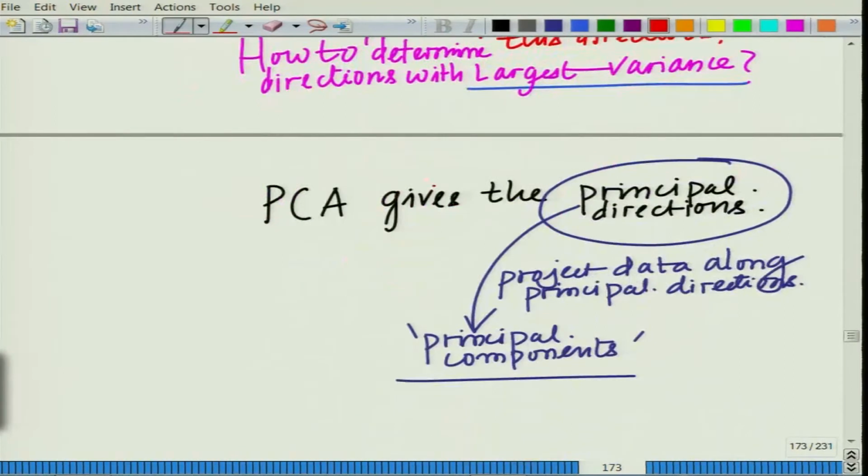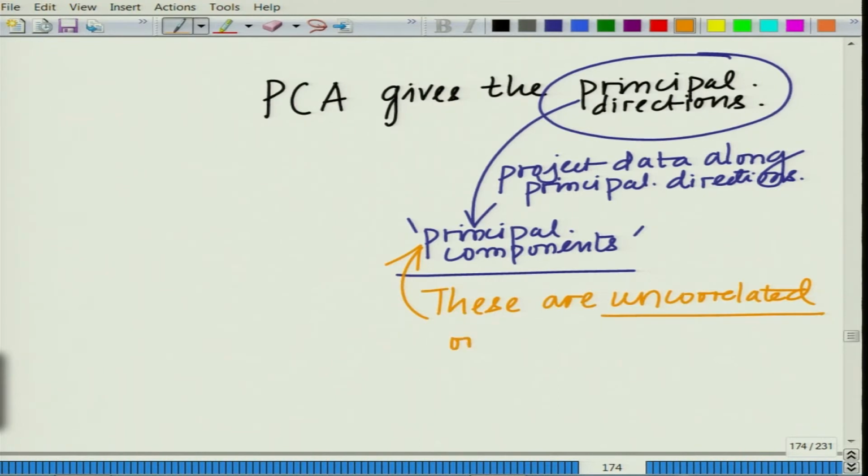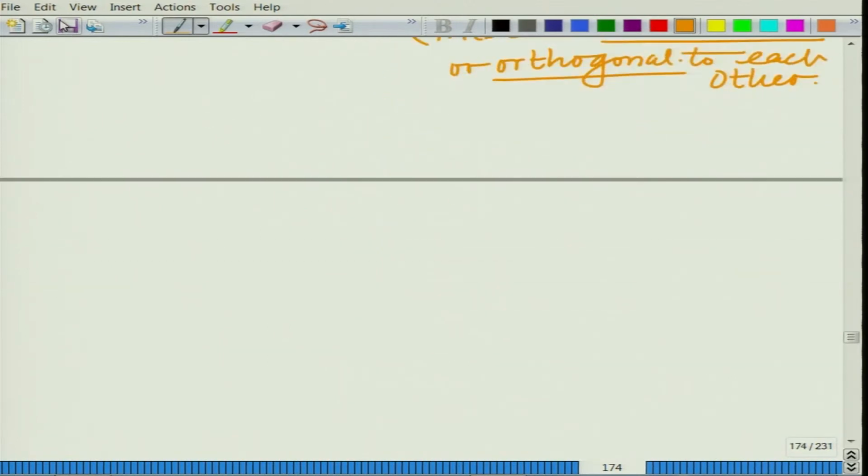We are going to see how that is possible. These principal components are uncorrelated, or essentially orthogonal to each other, right. How do we do that?